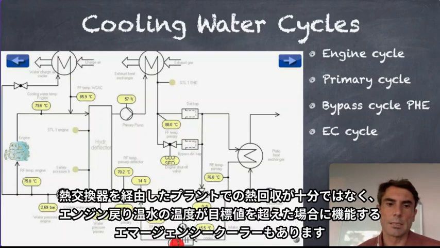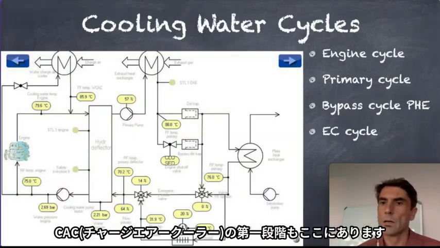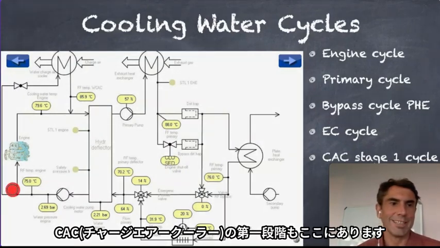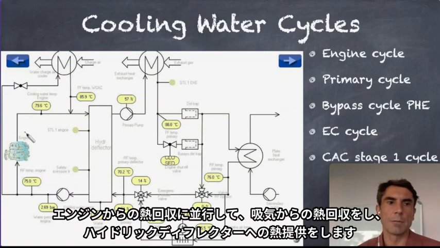So this is the cycle of the emergency cooler. And the last part I explained already is the first stage of the charge air cooler, which is parallel to the engine and gives heat supply to the forward flow to the hydraulic separator.